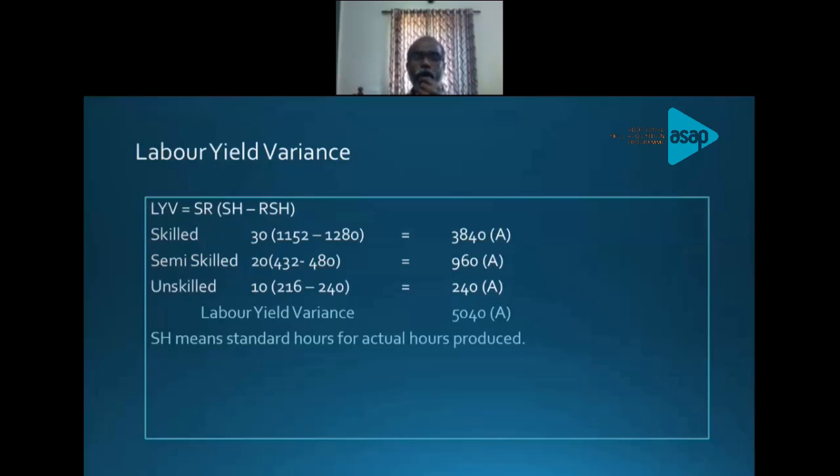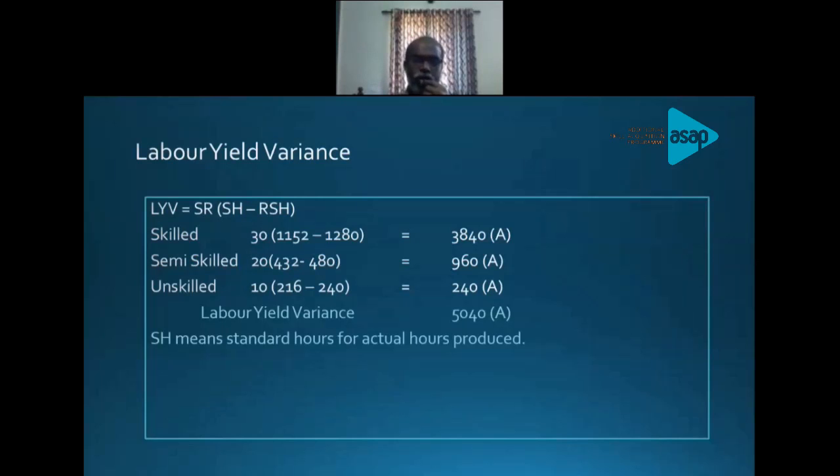So 960 adverse. Unskilled workers, 216 is the standard hours for actual output. Standard hours for actual output is only 260, and our standard is 240. So 240 adverse. So yield variance is 5040 adverse.